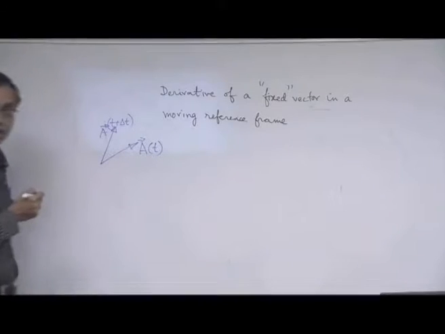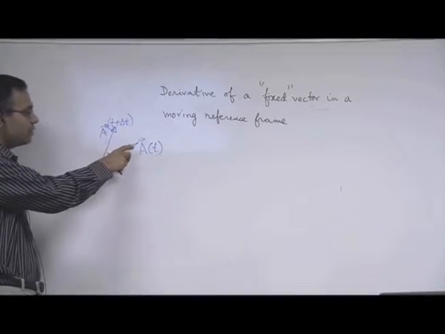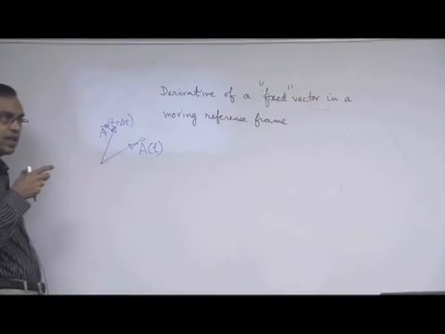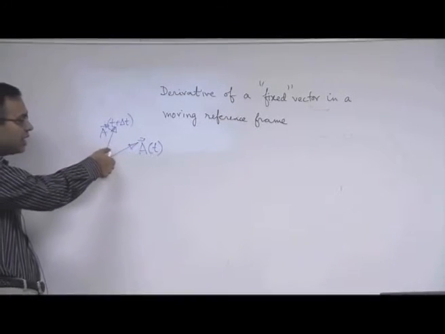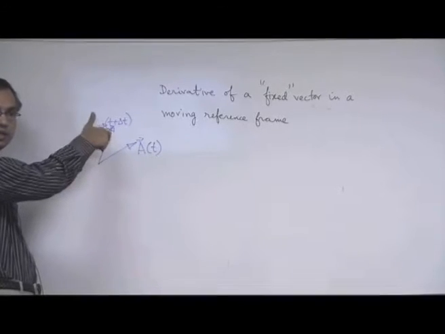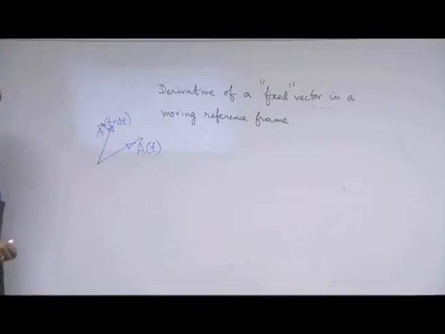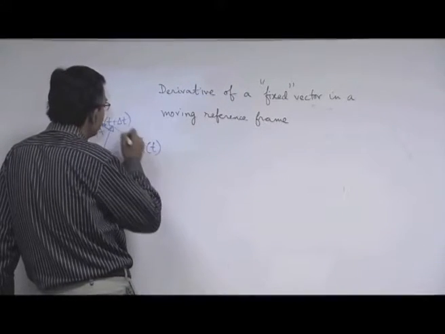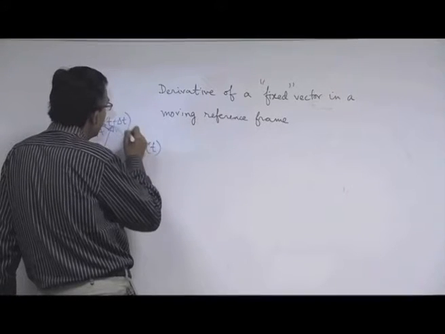So you can see that although the vector is fixed on small xyz, but if you see from outside you will see that the orientation of the vector has changed as it is rotating. So over a small time delta t, the change in the vector is delta A.